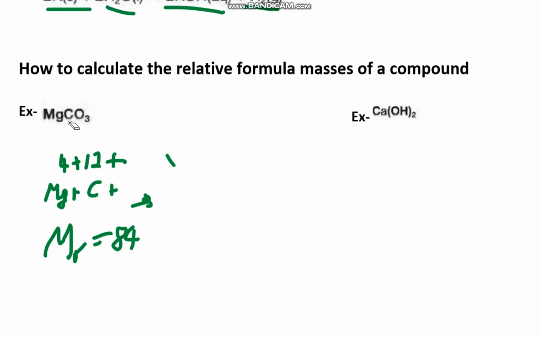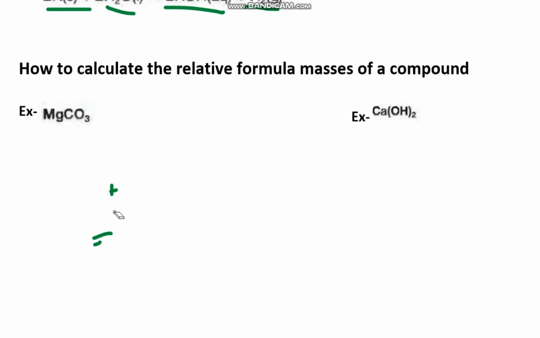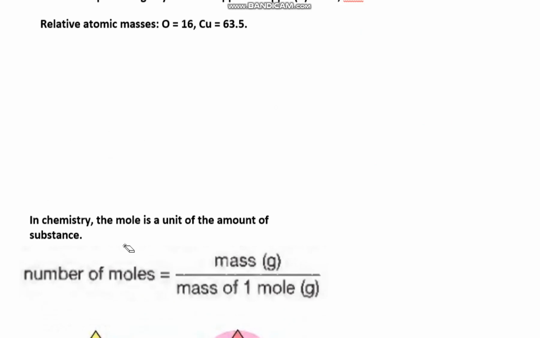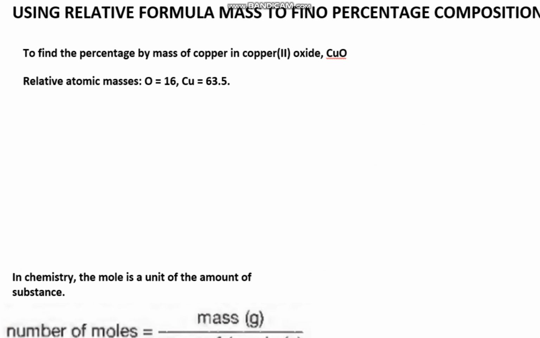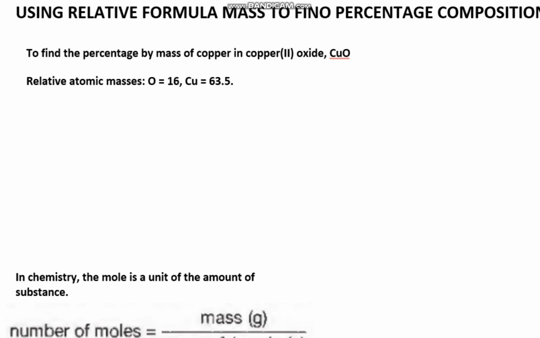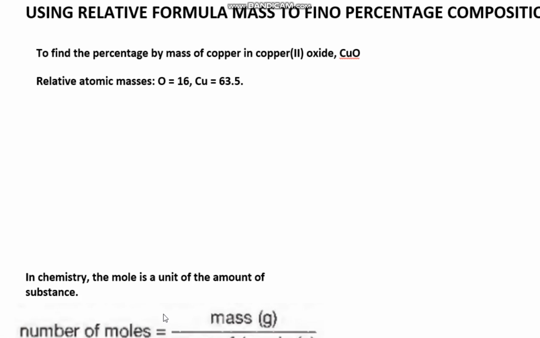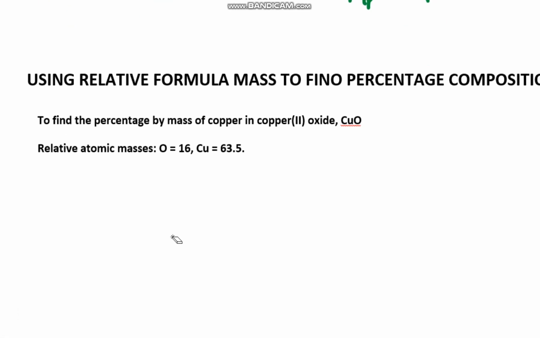And then we'll go to the next thing, using relative formula mass to find percentage composition. To find the percentage composition by mass of copper in copper(II) oxide, we have to do this.